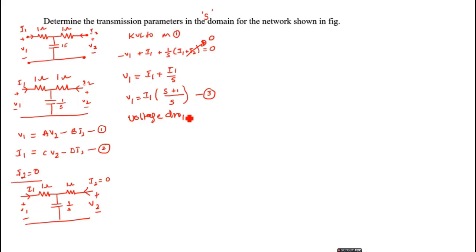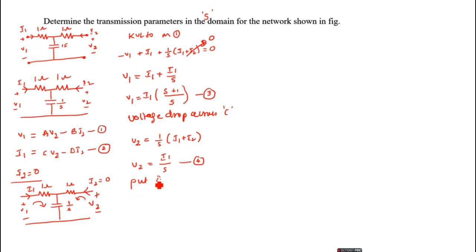Voltage drop across capacitor is nothing but V2, that is equals to impedance in terms of S domain into I1 plus I2. The total current flowing in this capacitor is I1 as well as I2, but we have assumed I2 as 0. Do simplify it. V2 equals I1 divided by S. Call this as equation number 4.